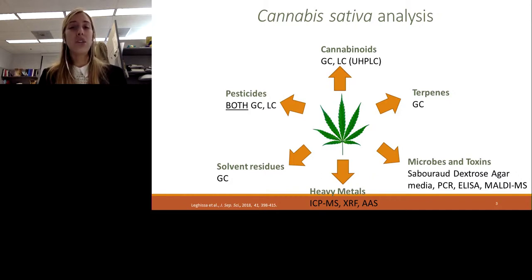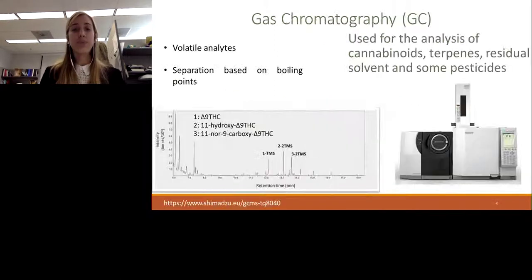And we can see how terpenes, cannabinoids, some pesticides, and all solvent residues can be analyzed by gas chromatography. So this is one of the main reasons why, in my opinion, having this instrument in a cannabis either research or even quality control lab is extremely important.